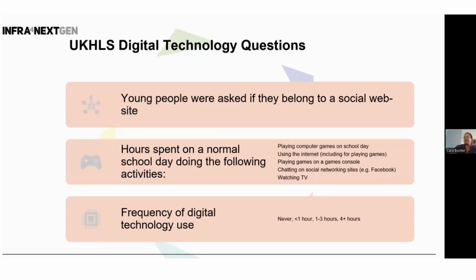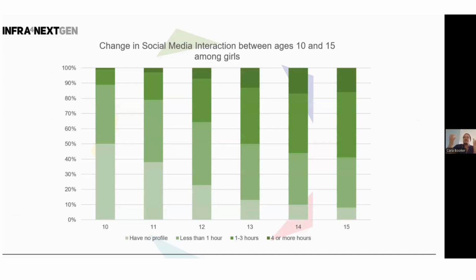So if I am looking at digital technology questions, here are the 3 questions that they ask. If they belong to a social website, how much time is spent on chatting, playing computer games, using the internet, and their frequency of use. So if I'm looking at young people 10 to 16, here's the pattern of social media interactions for girls.